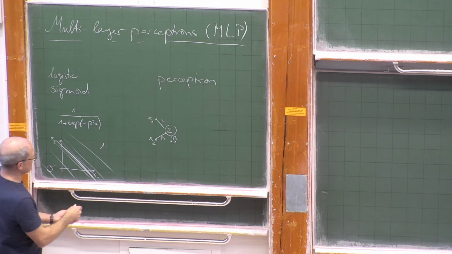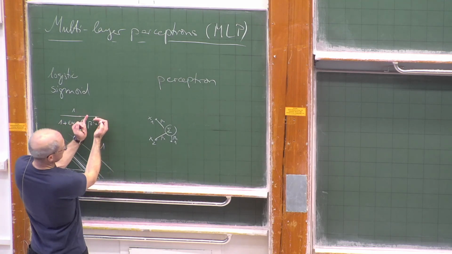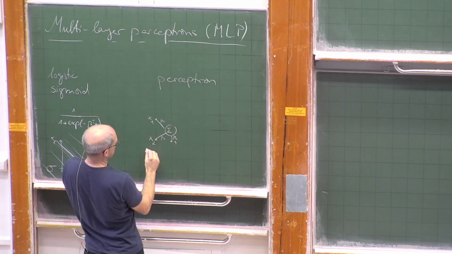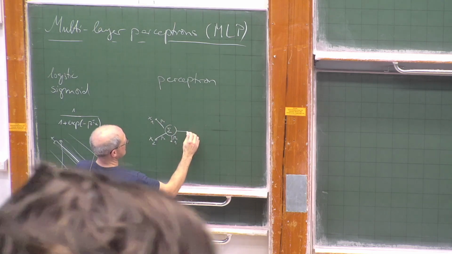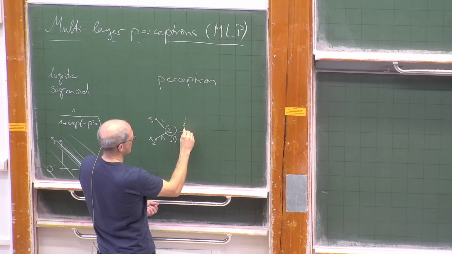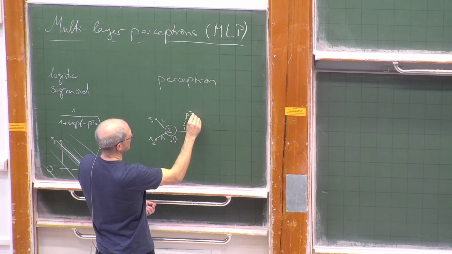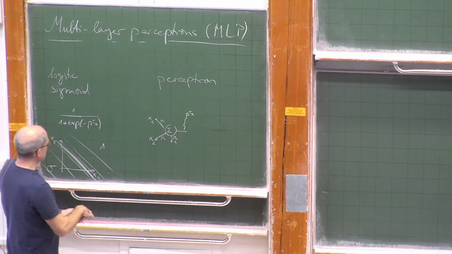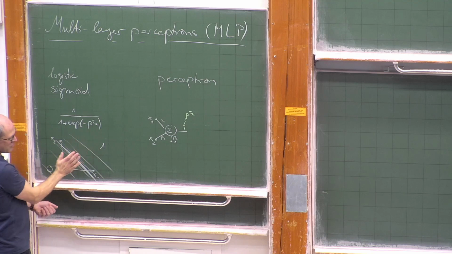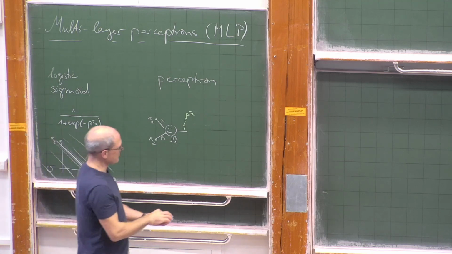And so far this is beta transpose x, this thing here. So at this point in my computation, I have beta transpose x. And then, well, it goes through this sigmoid.